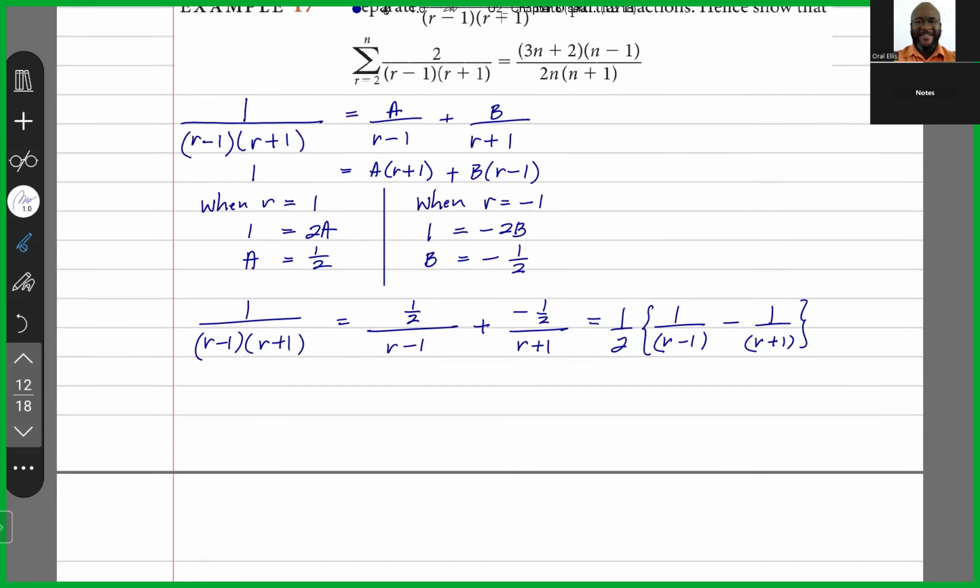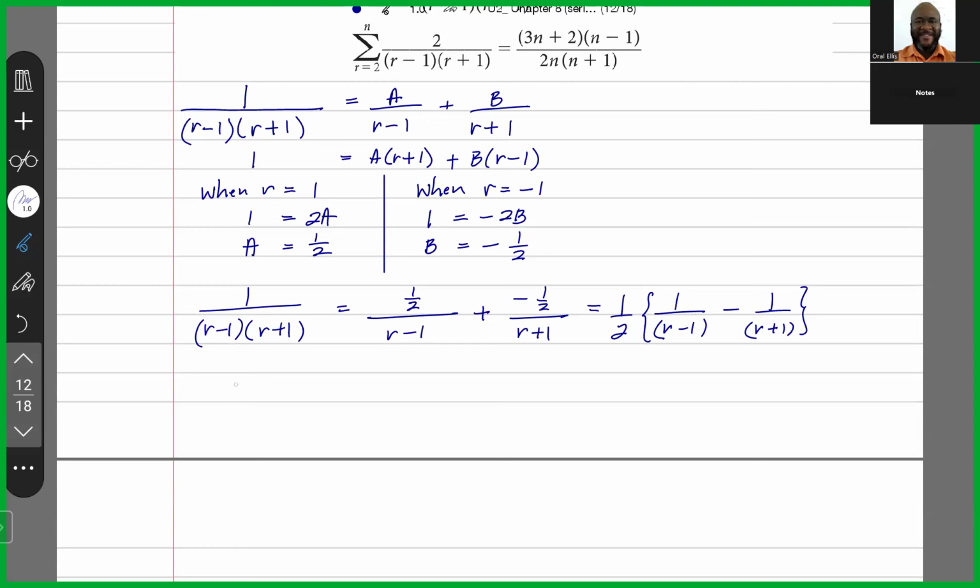Now, what are we asked to do next? We're asked to show that the sum, and we're told hence, from r equals 2 to n of 2 over (r minus 1)(r plus 1) is equal to something. But before that, let's just write this in a different form.